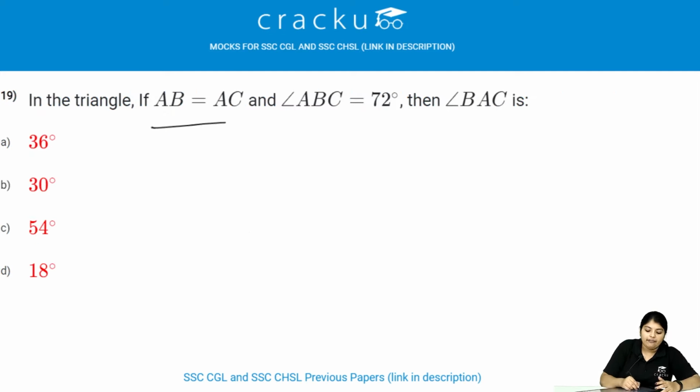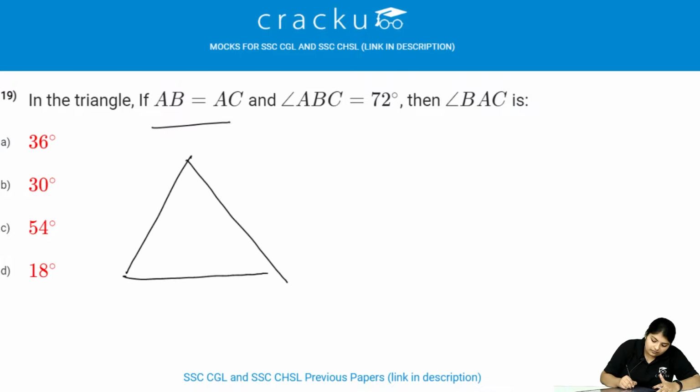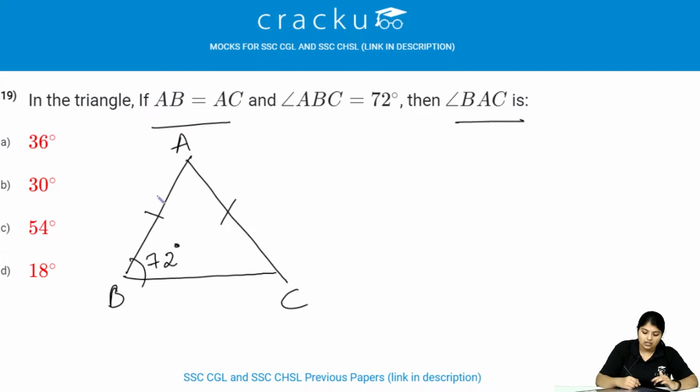In a triangle, if AB is equals to AC, let's draw a triangle. AB is equals to AC and angle ABC is equals to 72, then angle BAC is what? So, it is telling that AB is equals to AC. That means it is an isosceles triangle.